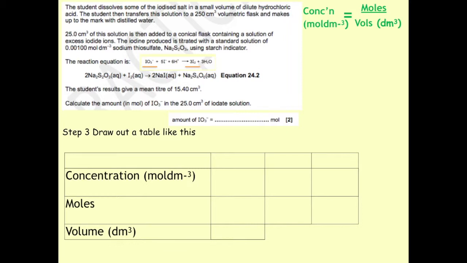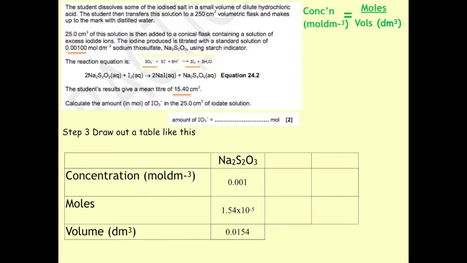I'll read on. The iodine produced is titrated with the standard solution of 0.001 mole of sodium thiosulfate. Right, now we're talking. So I'm going to highlight that. That's going to be pretty important. And I'm going to put that down into my table. I've got 0.001 moles concentration. And then as I read on, it tells me the mean titre is 15.4.